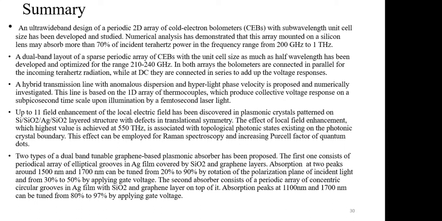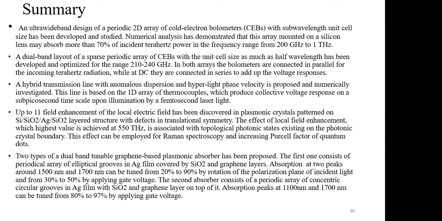Also, in another design, as we showed you, it can work at 2 frequencies, and it works as a dual band layer, based on a periodic array of cold electron bolometers I showed you, which is not fabricated yet. It will be after we fix these unwanted signals, unwanted results.